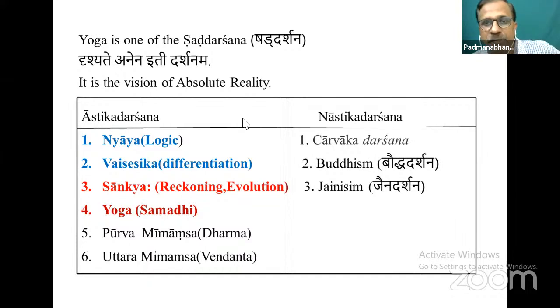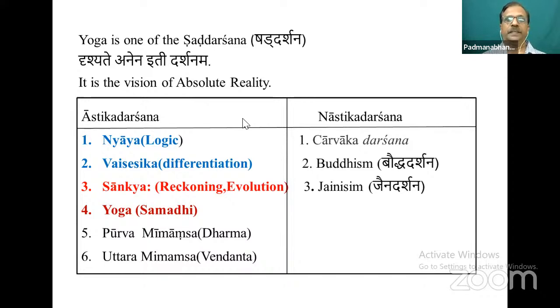Astika accept the Vedas and Nastika did not accept Vedas. Even in the Manusmriti it is said that Nastiko Veda Nindaka. So in the Astika Darshana, Nyaya and Vaisheshika, they are allied systems.